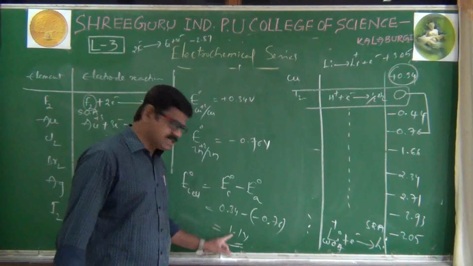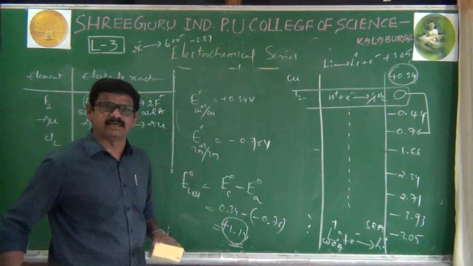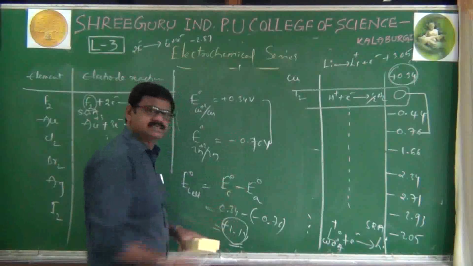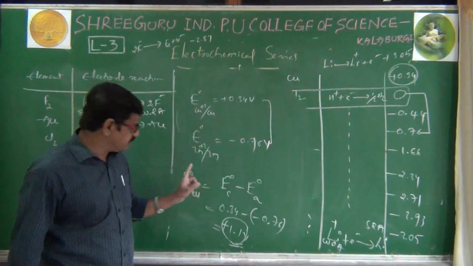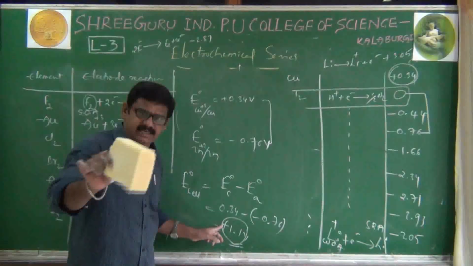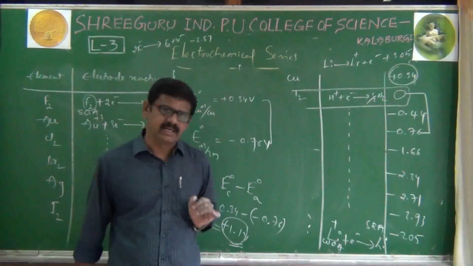Remember, if we get the E naught cell value with a positive sign, then we can say that this cell reaction is a spontaneous process. If we get the E naught value with a negative sign, we can say that the cell is non-spontaneous.